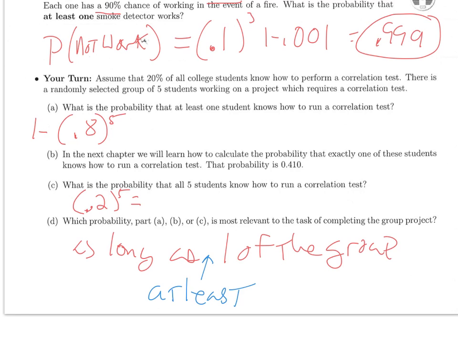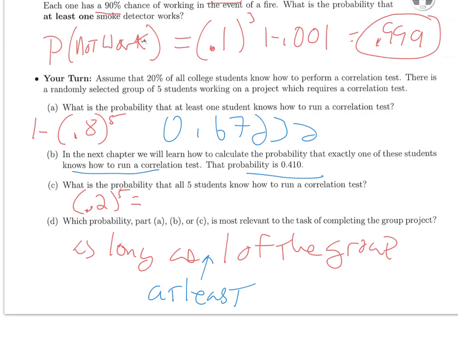If we subtract that from 1, that'll be the probability they're looking for, which is 1 minus 0.8 to the 5th power, 0.67232. And then they told us this probability, and we are going to learn about this next.